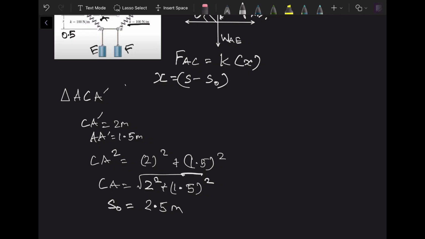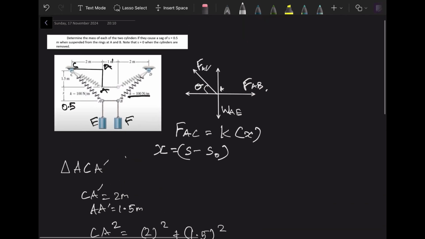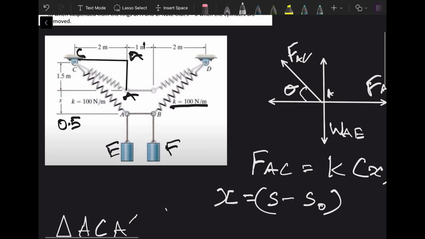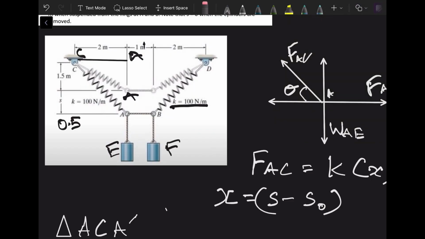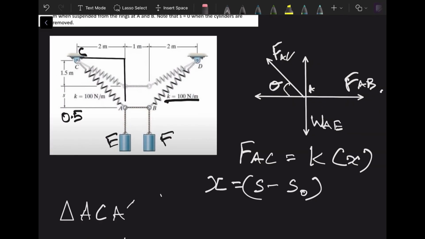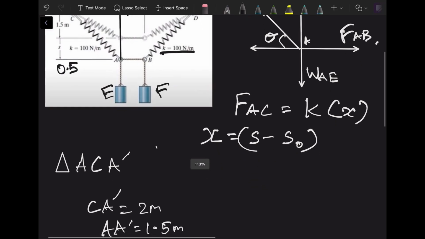Now doing the same, we extend this triangle, instead of A and A dash from here to here. So this is A dash again, and this is the original A, sorry, the A after sag.